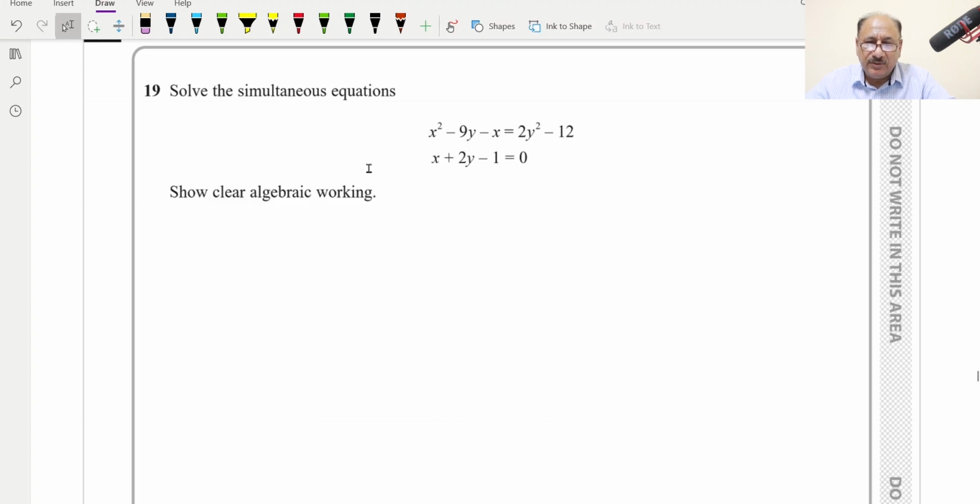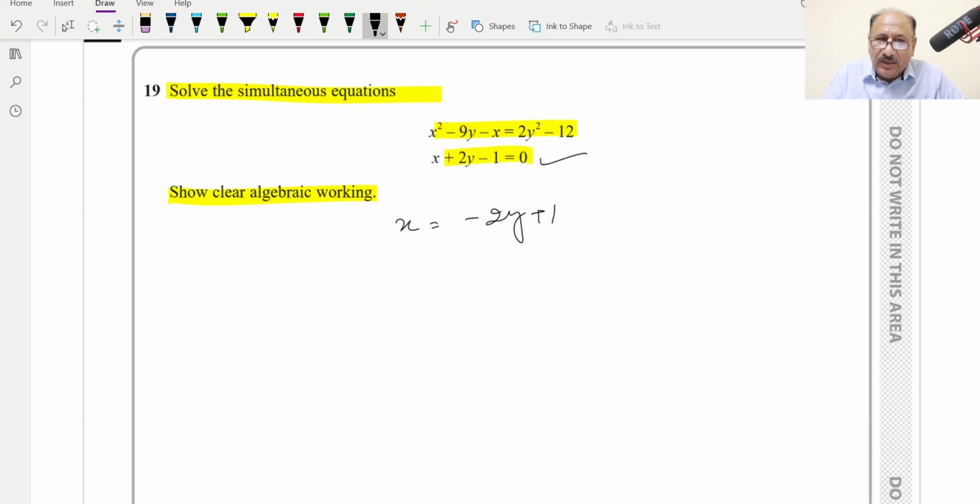Now this is a simultaneous equation. Question number 19. Solve the simultaneous equations. These two equations are provided. Show your working. So we can find the x value from the second equation. So x is equal to minus 2y plus 1, and this value we can replace in equation 1.